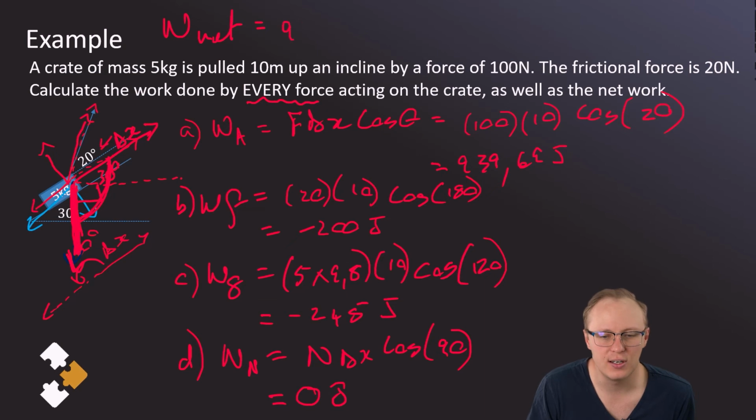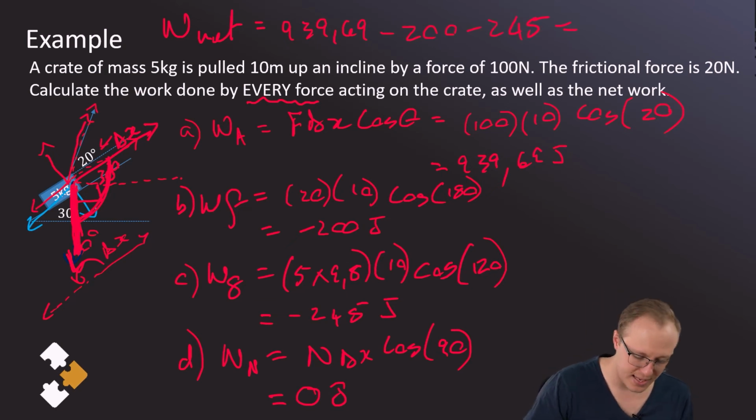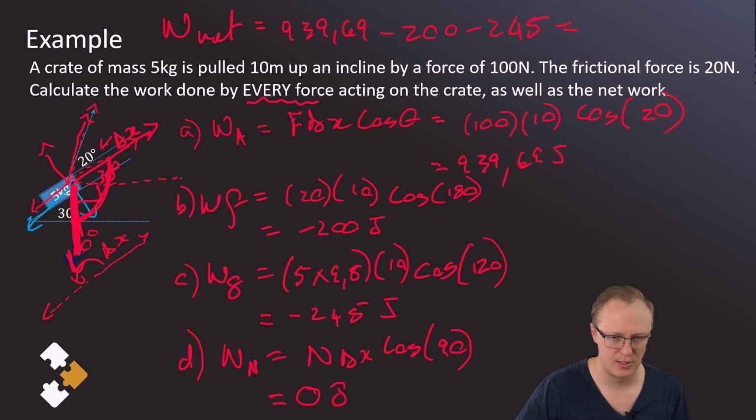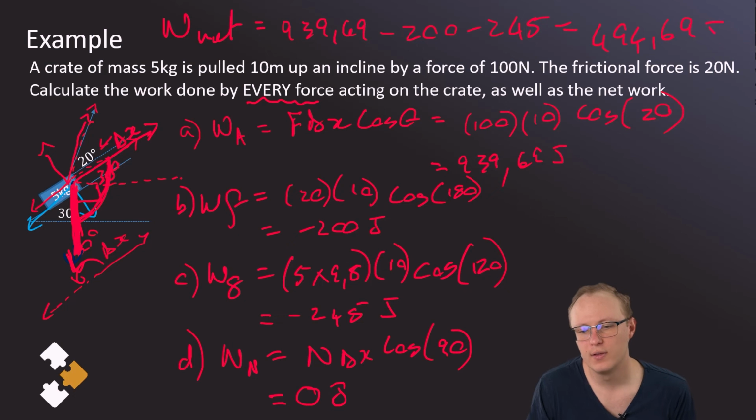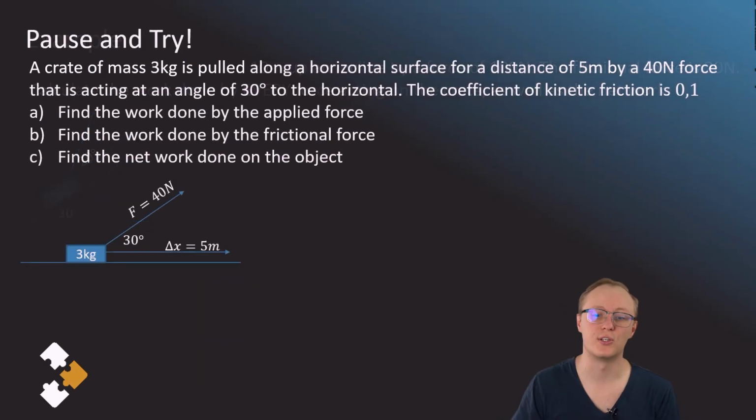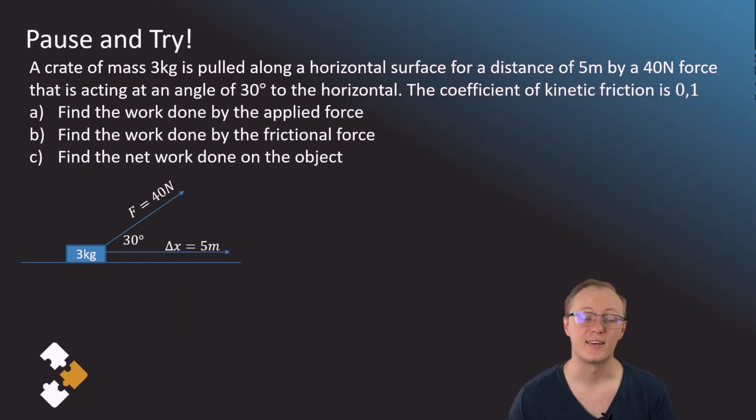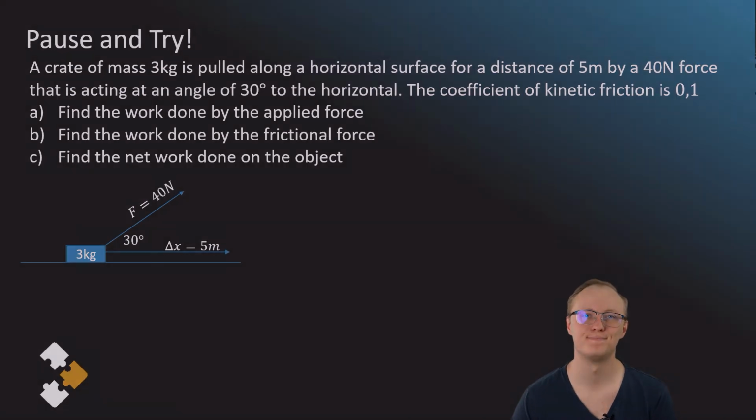So we're just going to go 939.69 minus the 200 minus the 245, and that is going to be our answer for the net work that was done. Okay, and we're going to talk a little bit more about net work in the time coming, but now it is going to be your turn to please pause the video and give this example a try.